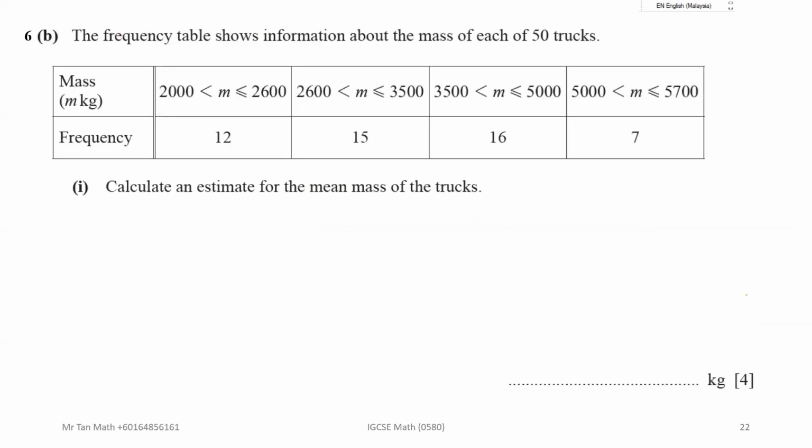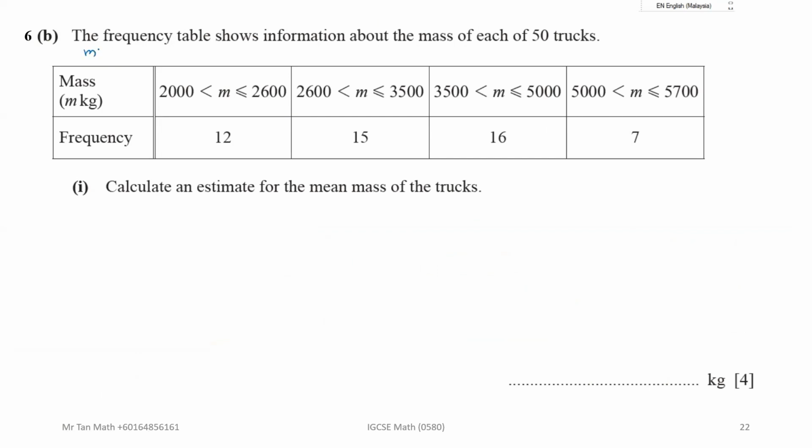Okay, 6b, the frequency table shows information about the mass of each of 50 trucks. Calculate an estimate for the mean mass of trucks. So in this case, you need to calculate the midpoint.